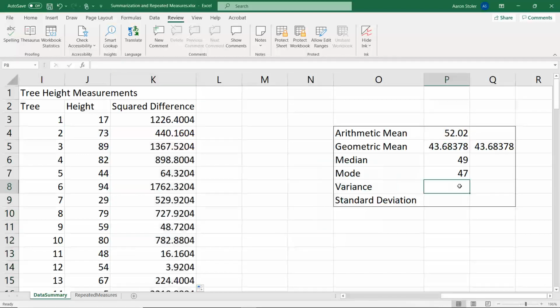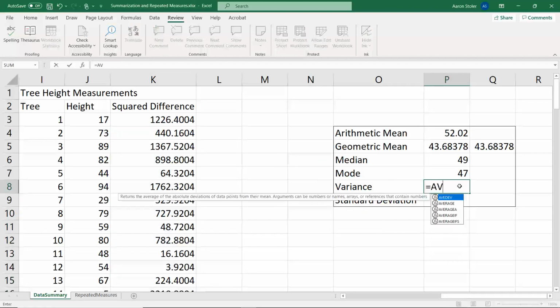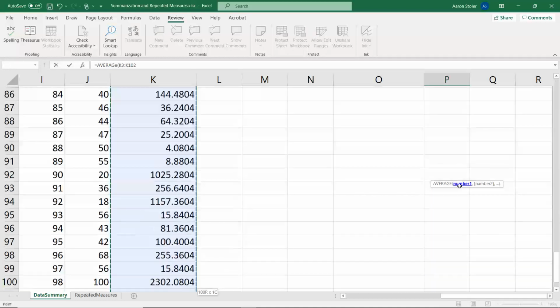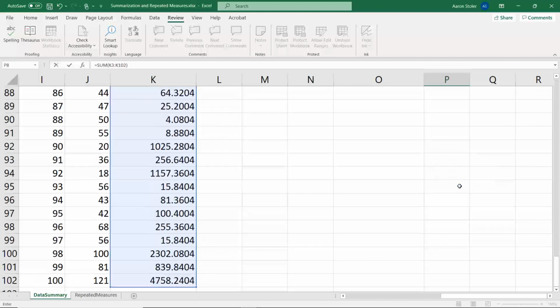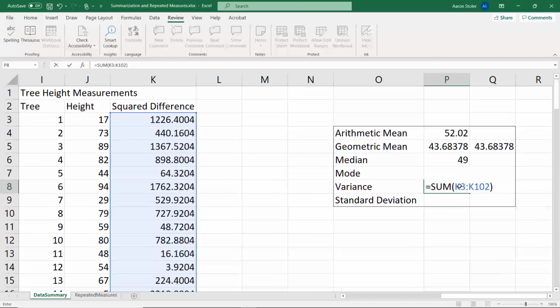And now again, we want to calculate the variance, which is the average squared difference. And we could just type in equals average of the squared differences, but that's not going to be exactly right because, as I said before, it's not the average, it's equal to the sum of the squared differences divided by the number of replicates minus 1, which is 100 minus 1, so 99.